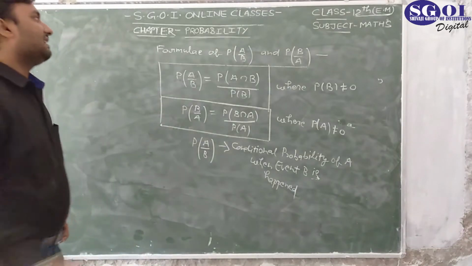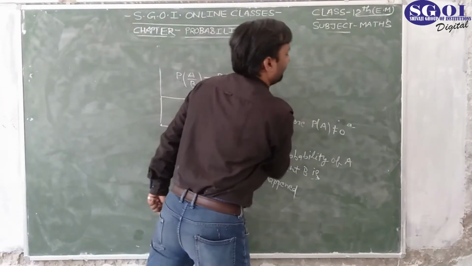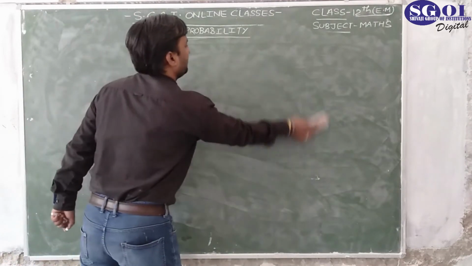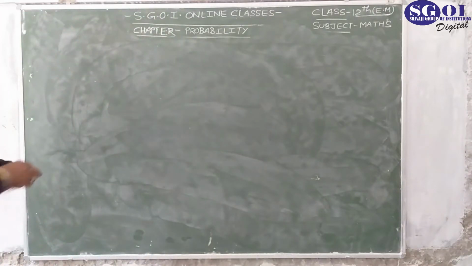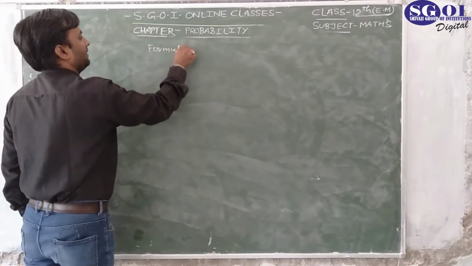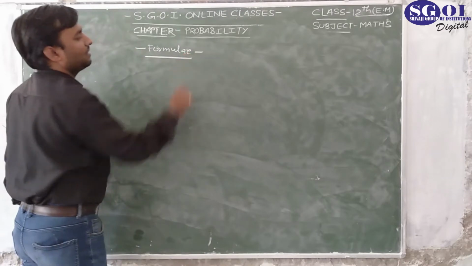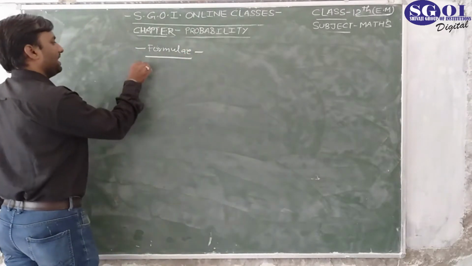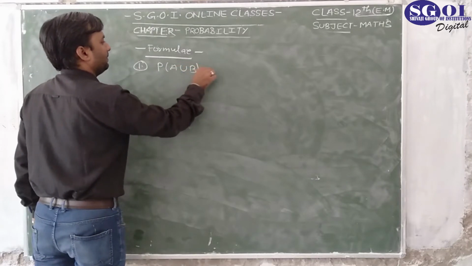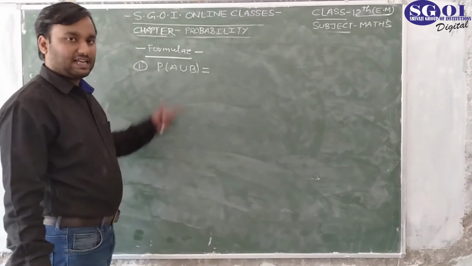Now I will write some formulas which are useful for conditional probability. You have to learn some formulas by which you can solve short questions related to conditional probability. First formula is probability of A union B. You all learned this formula in class 11.